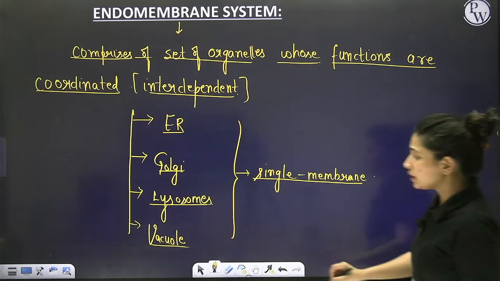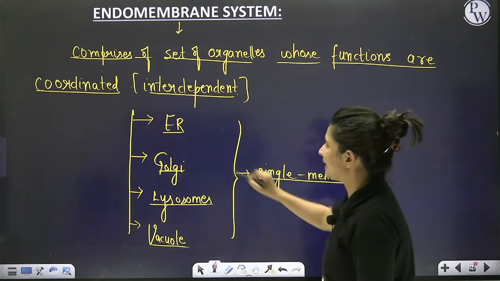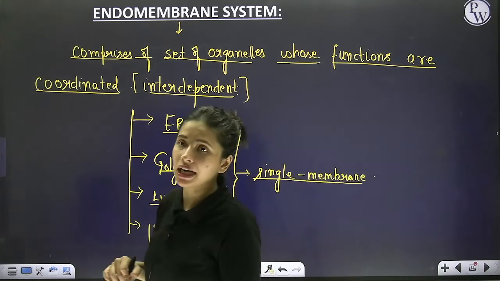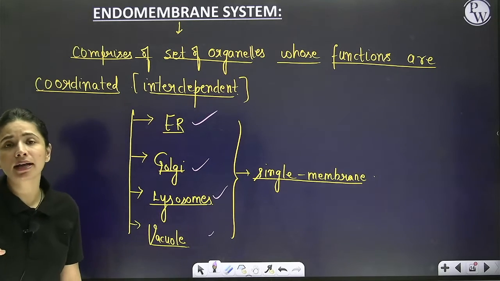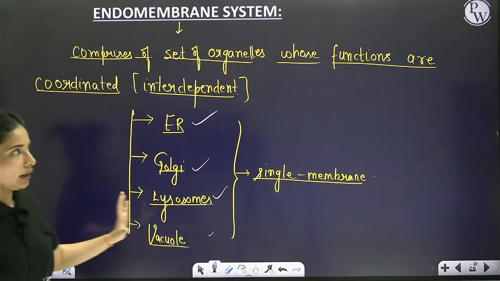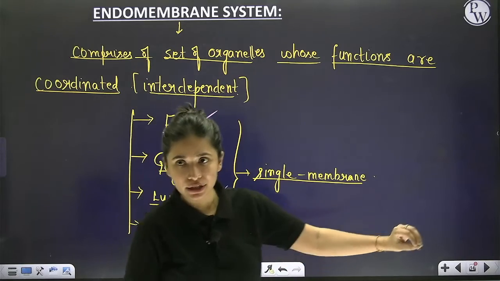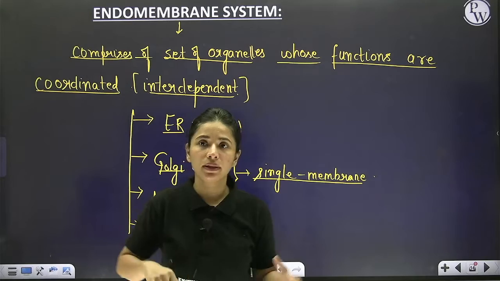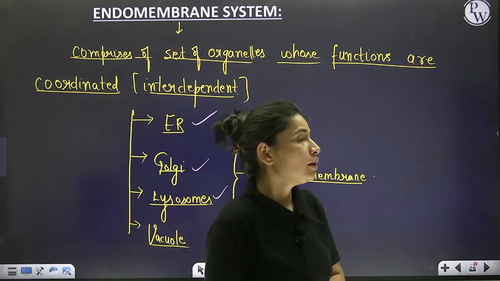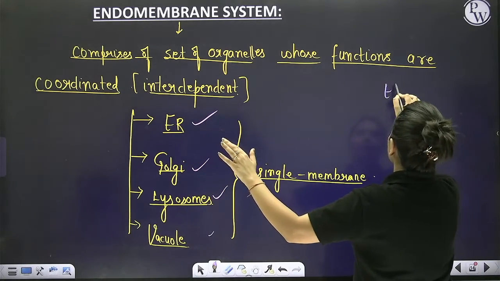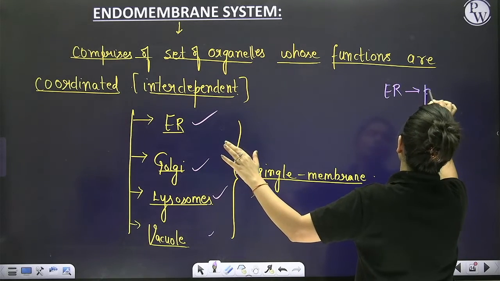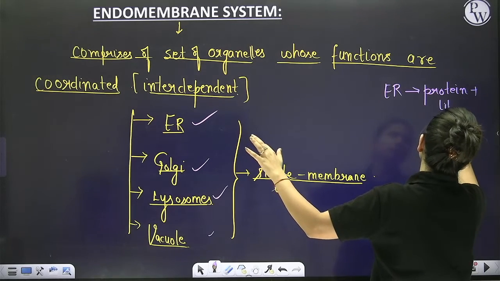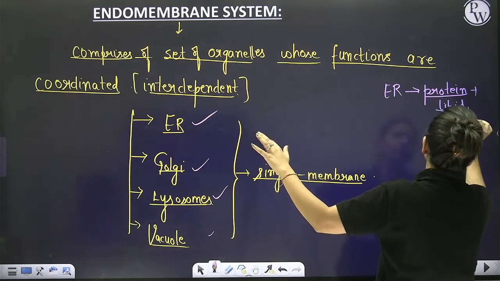Now, one by one we will deal with all the four cell organelles, but first you need to understand why and how their functions are coordinated. Here I am just going to give you a simple explanation, and the remaining explanation we will do as and when we proceed with the topics. Correct? So ER is actually responsible for producing the two most important macromolecules, that is lipid and protein.